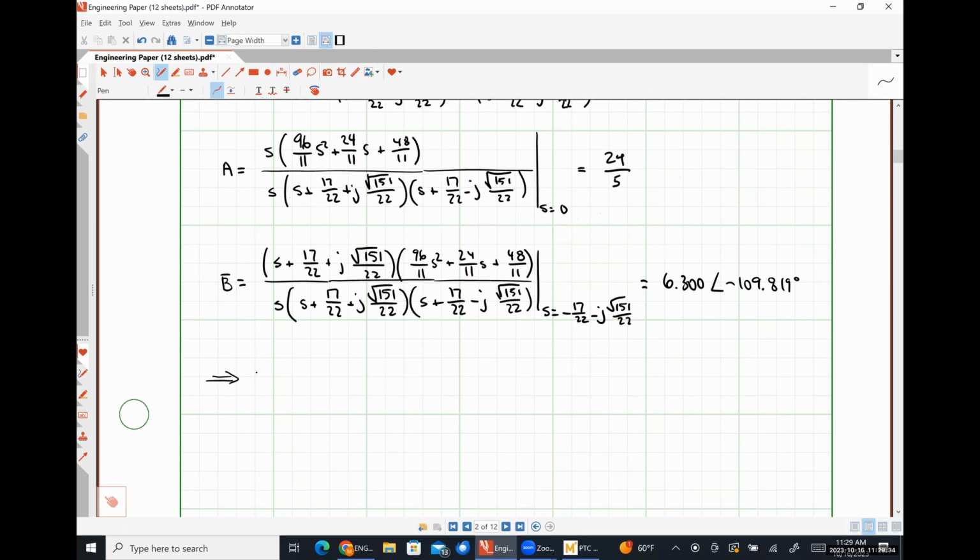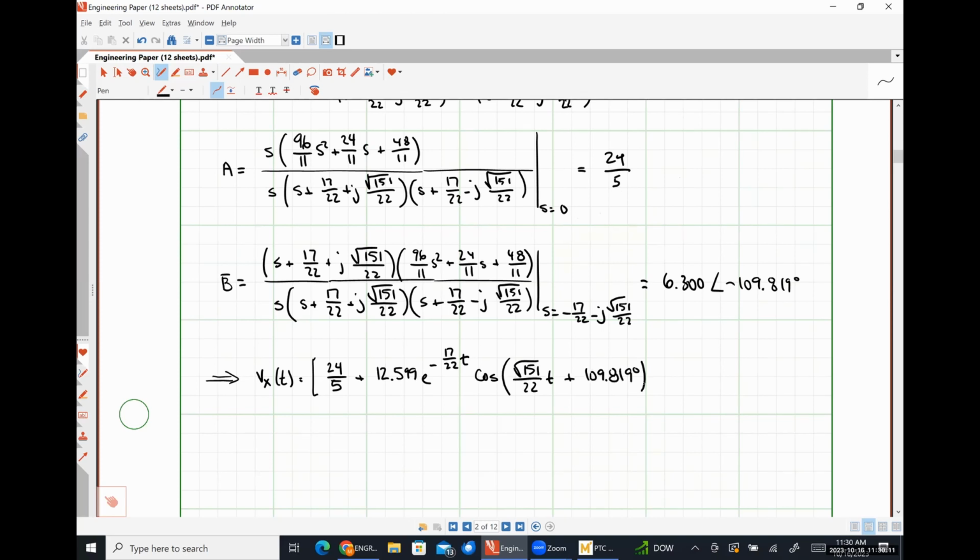So Vx of t is going to look like 24 fifths plus 12.599 e to the negative 17 over 22 t times the cosine of root 151 over 22 t plus 109.819 degrees, u of t volts.